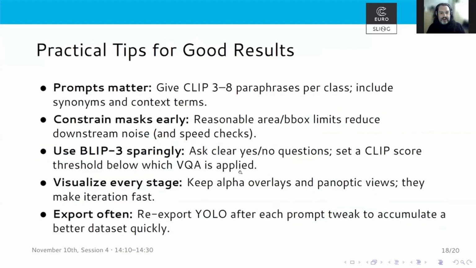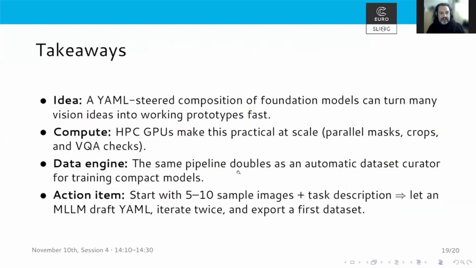So now I will end with the takeaway. We have the idea where we actually use the LLM as a domain expert, which configures our very rich foundation model pipeline, which runs very slowly on an HPC.